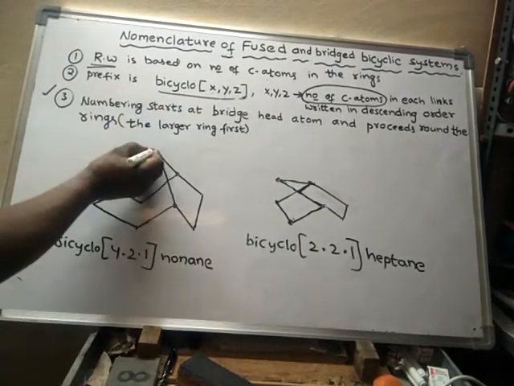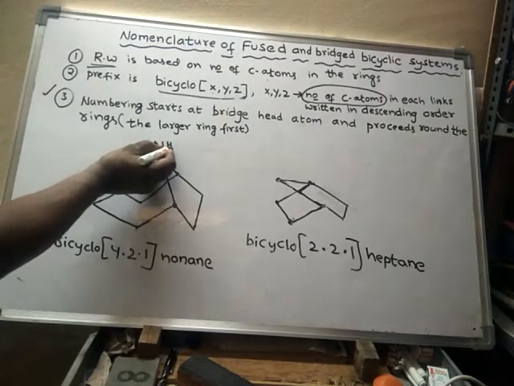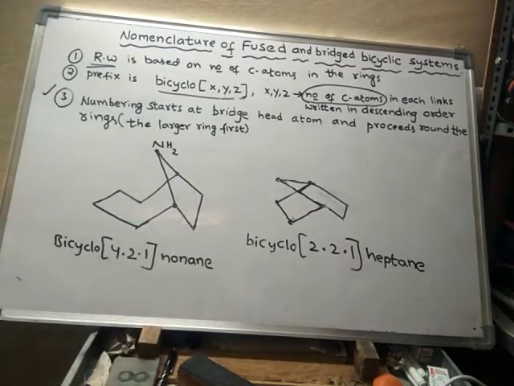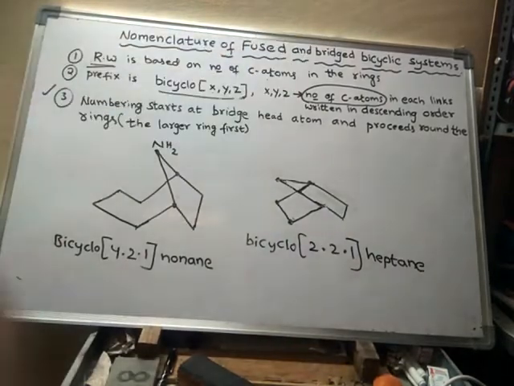Suppose a functional group, an NH2 amine functional group, is present. What will be the name of this compound now? Here the amine group is present on the 9th carbon, so now we have to give numbering. For bicyclic compounds, we have to start numbering from a bridged carbon.